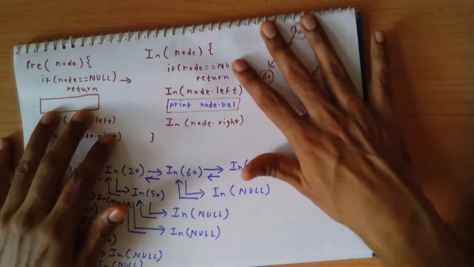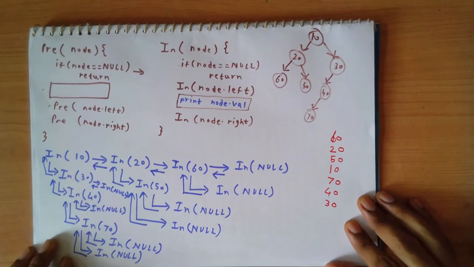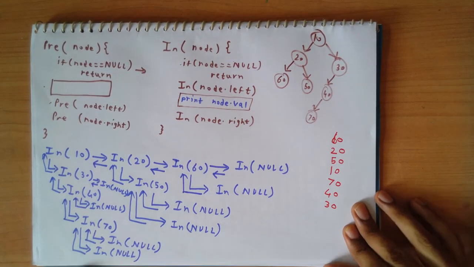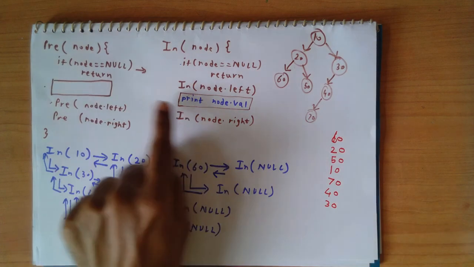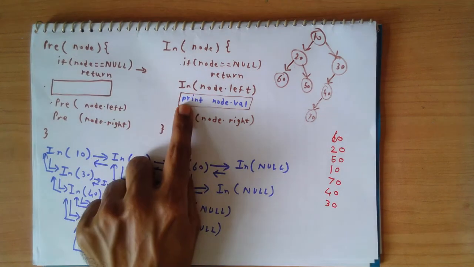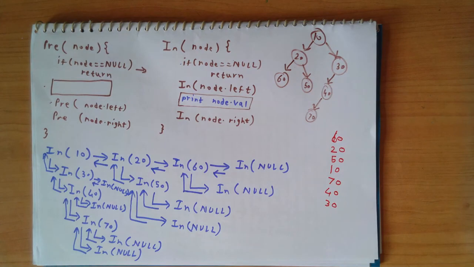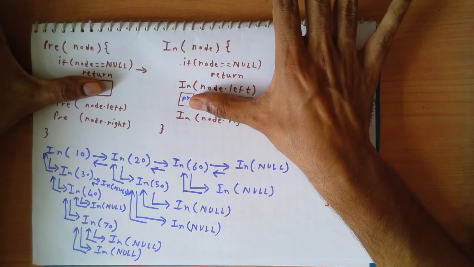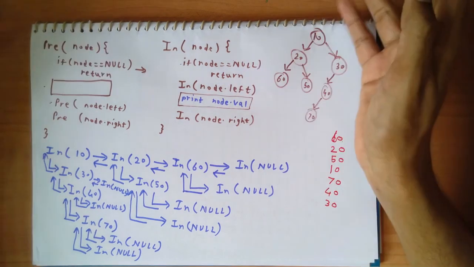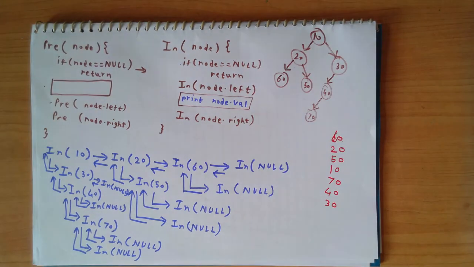So both of them are depth-oriented traversals. They traverse in the same manner, but the only difference is when you perform the node specific operation. If there is no node specific operation to perform, then the pre and in order are exactly the same. There is no difference at all, okay?